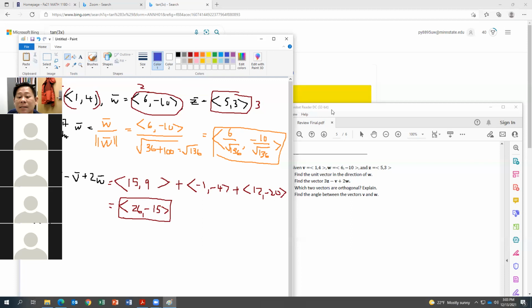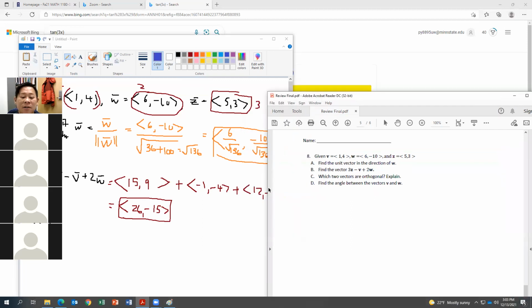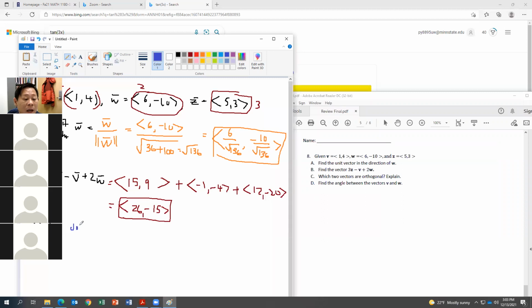Question C is asking which two vectors are orthogonal. So in order for us to figure out which two vectors are orthogonal, you have to do the dot product, and the dot of those vectors has to be 0. So first thing is you see if vector v dot vector w is 0 or not.